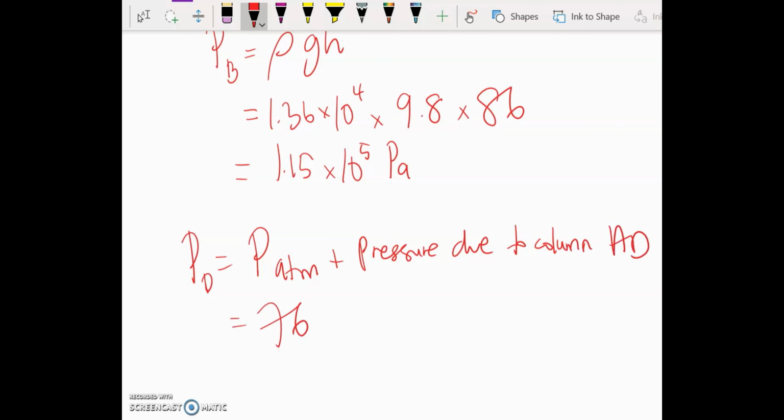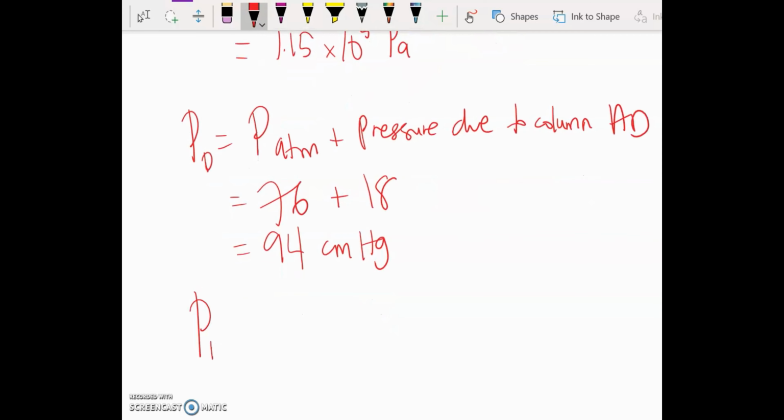So atmospheric pressure is 76, pressure due to column AD, the height is 18. You will get 94 centimeter Hg. Substitute in formula rho GH, and you will get 1.25 times 10 to the power of 5 Pascal.